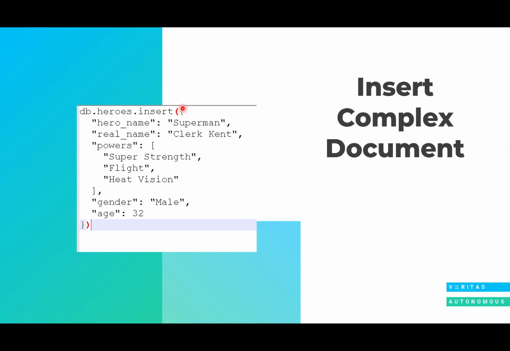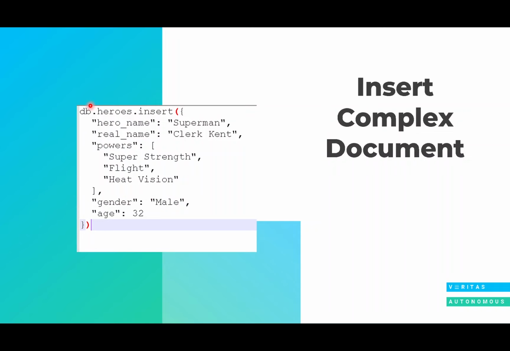What do we insert? From this curly bracket to this curly bracket, the entire complex thing. So we have hero name, we have real name, and we have a list of powers, we have gender and age.